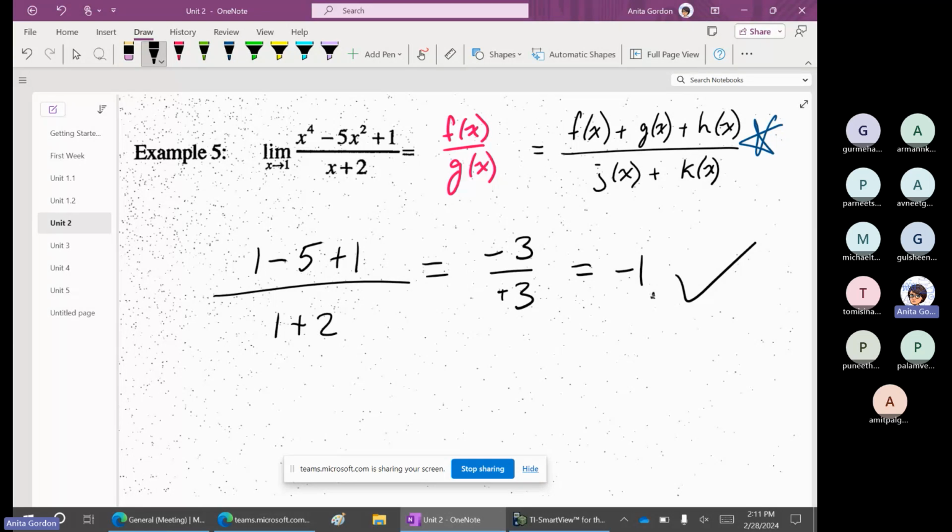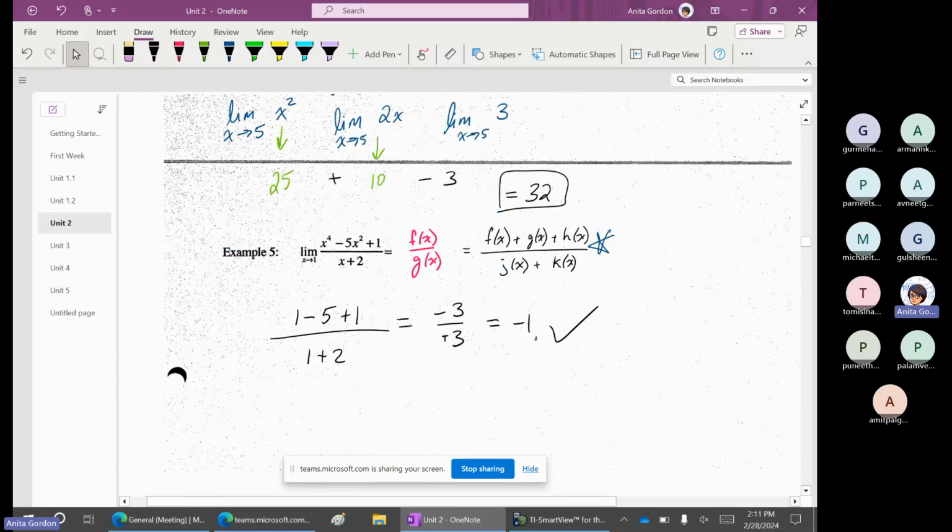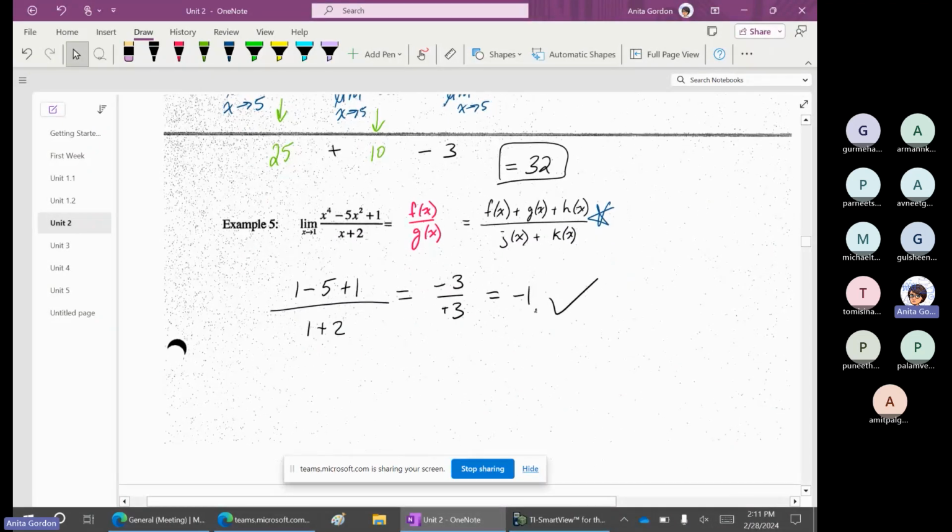Yes, sir. Why do we start with that? Because I need you to understand theory before you understand shortcuts. Teaching you shortcuts before theory means you're going to make mistakes, because if you don't understand the theory behind something, this is where people do silly things like this.